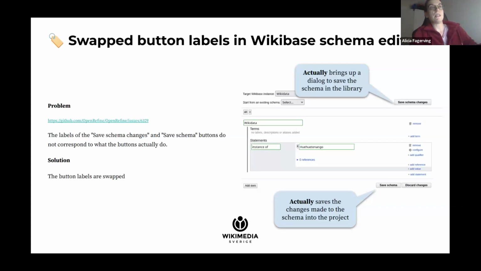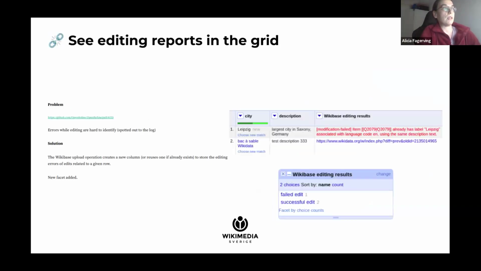The save schema changes button actually prompts you to save the schema in your library, and the save schema button just saves the changes made to the schema into the project. Once you learn that they don't do what they seem to do, you kind of get over it, but it's really not supposed to be like that. So these labels have been swapped, hopefully a little less confusing.